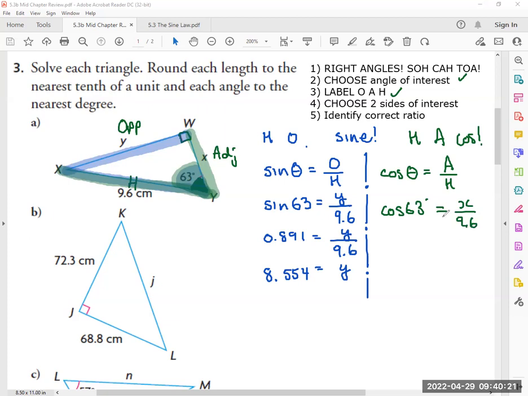Cosine of 63 is 0.45399, so 0.454. 0.454 times 9.6 is 4.3584, so 4.358 rounded.